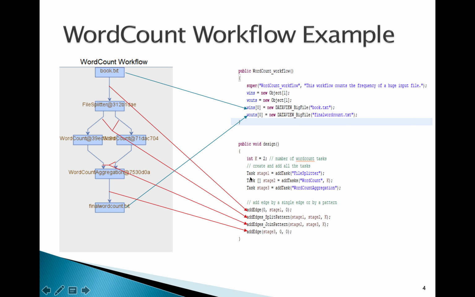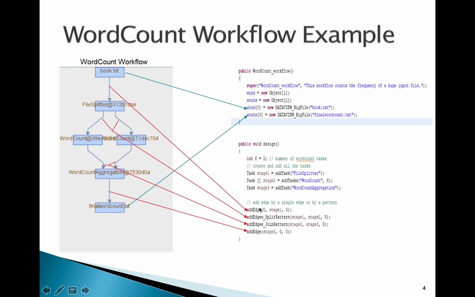After we finish the creation of the tasks, we can add edges between all the tasks. As you can see here, all the red lines represent the edges. I just want to emphasize that the first edge connects the workflow input and the first task, which is the file splitter.